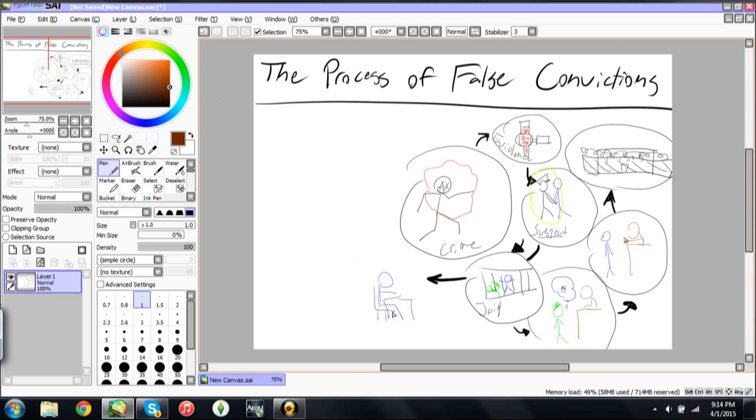Let's see, he's got a chair. And let's make our interrogator purple. Our interrogator is over here, basically yelling at our guy. Not always yelling, actually.